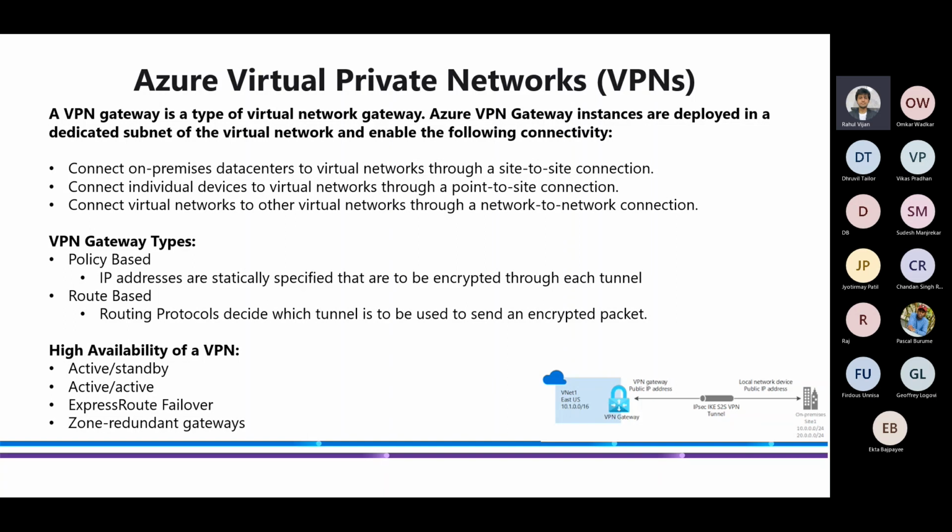So policy means that when a particular IP address is communicating, when you are encrypting things, say for example there are 5 tunnels, I can assign that this particular IP address should only talk through these two tunnels and not through the remaining three.